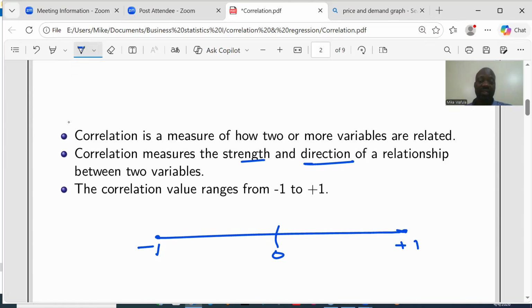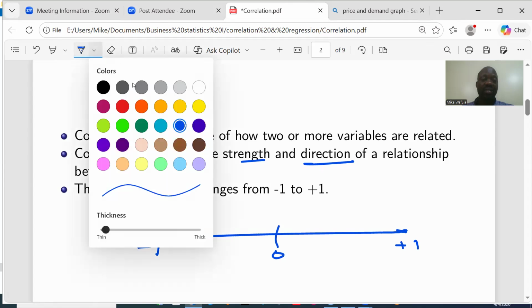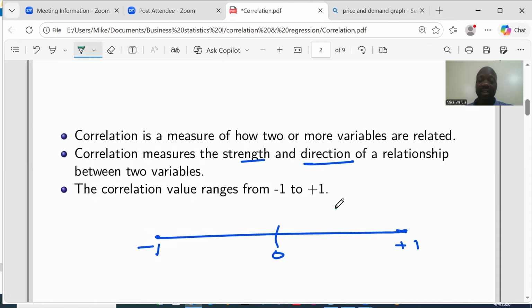And so you'll always find correlation coefficients with values that are either approaching +1, approaching -1, or around 0.